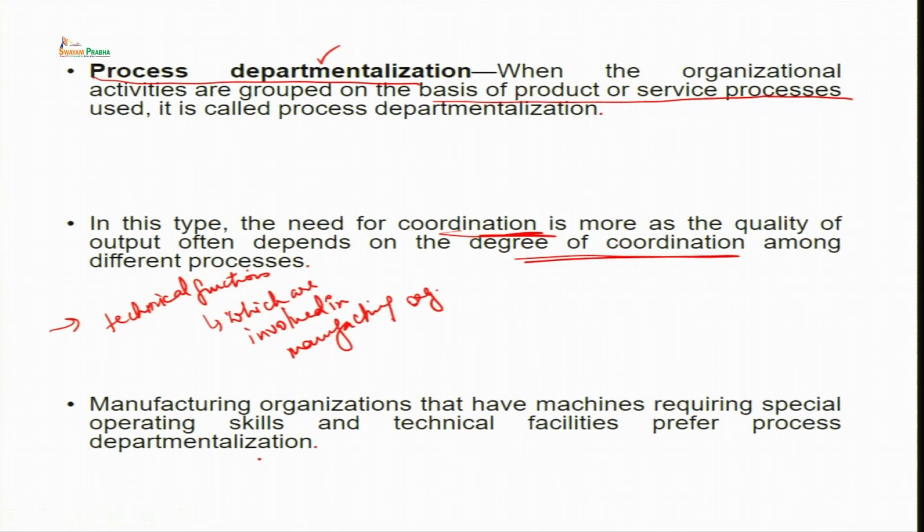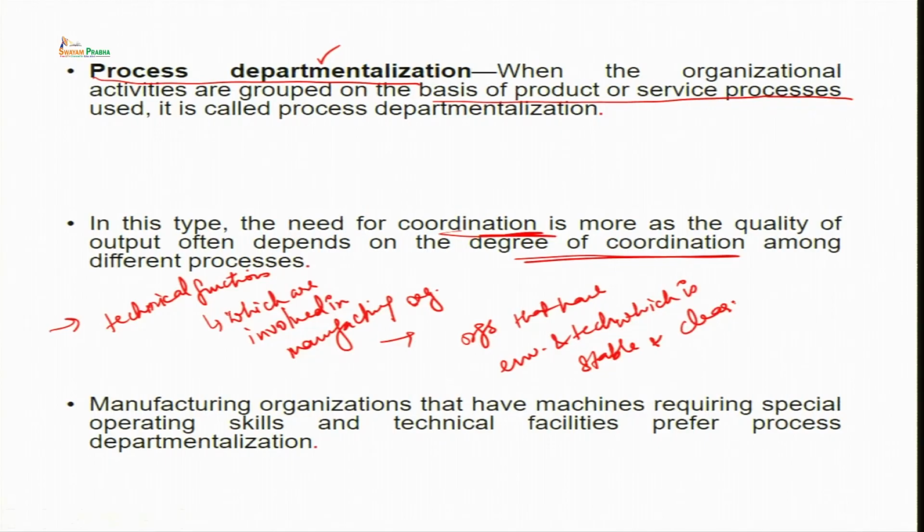So, further, the process departmentalization is better suited for, can you guess students, for what? For the organizations that have an environment and technology which is stable and clear. Manufacturing organizations that have machines requiring special operating skills and technical facilities prefer the process departmentalization.